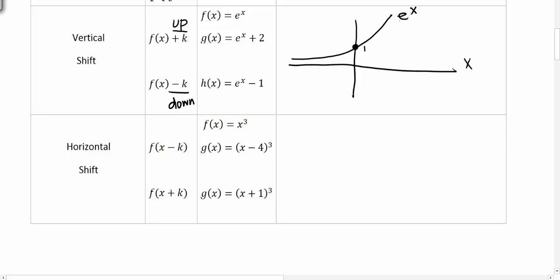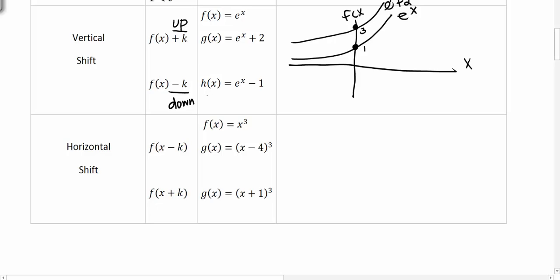So here, if we were to take this function and add 2, e to the x plus 2, what that would do is shift our function up by 2 units. So e to the x plus 2 is the same function shifted up 2 units.